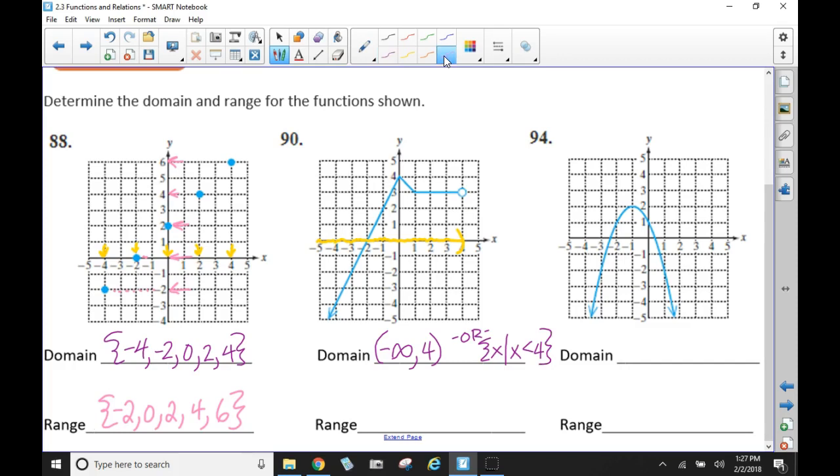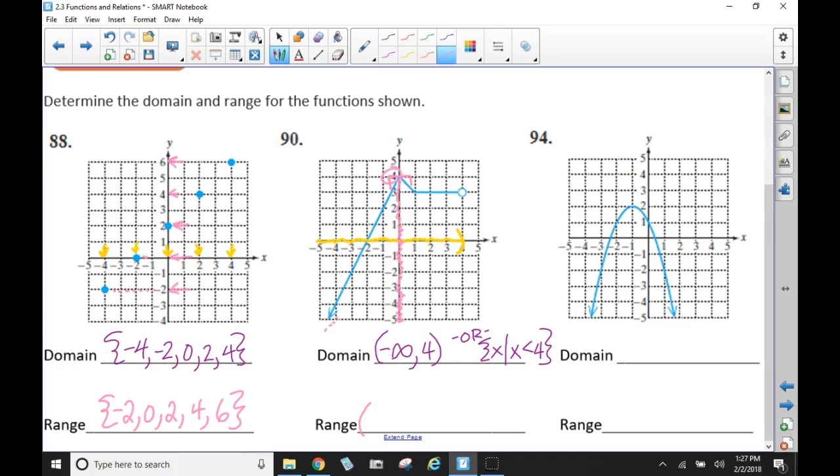For our range, okay, you see the arrow that points down saying that these values will keep on going down. So we're going to have values that are from negative large numbers. So again, -infinity all the way up to and including 4. Okay? So that would be a bracket if you want to look at your number line that way.